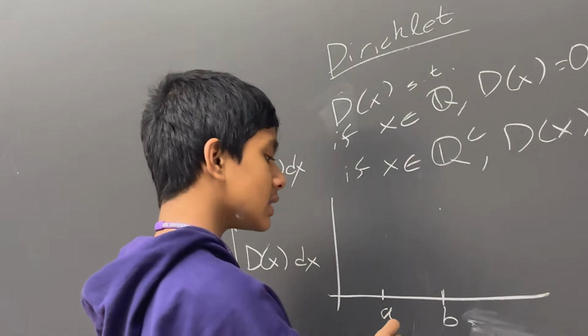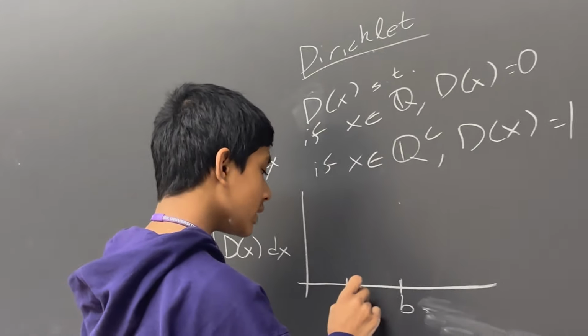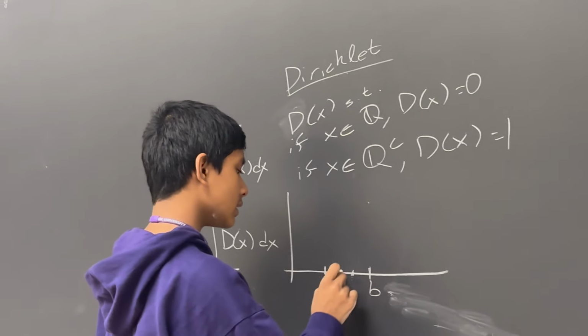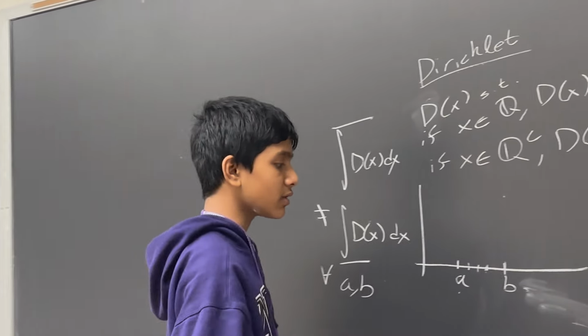Why? Because the irrationals are infinitely dense. You take one irrational, you take another irrational, you take their average, and you've got a new irrational right over there.